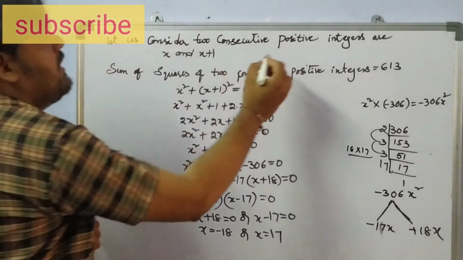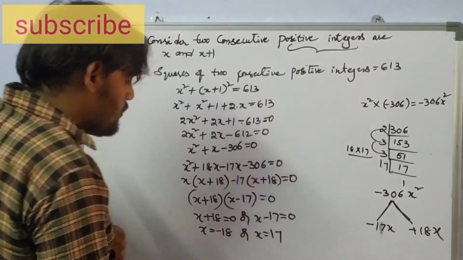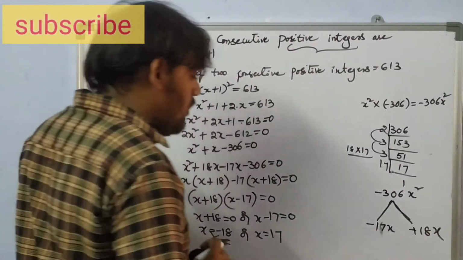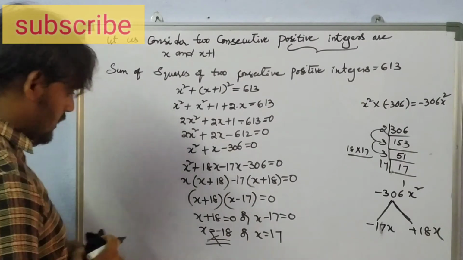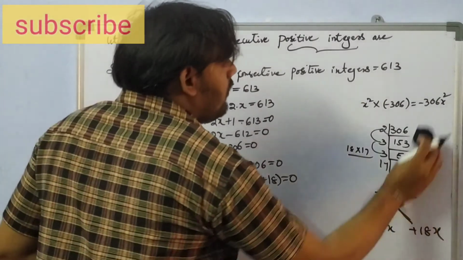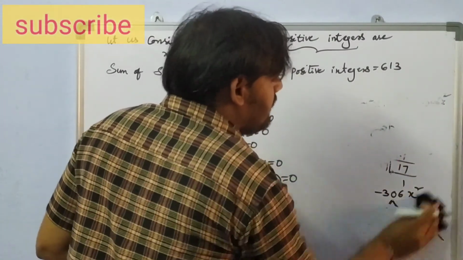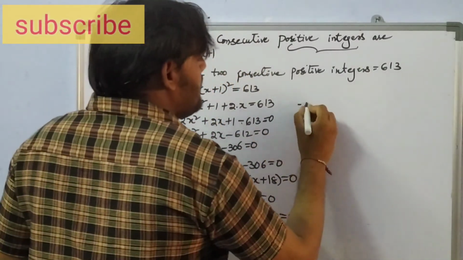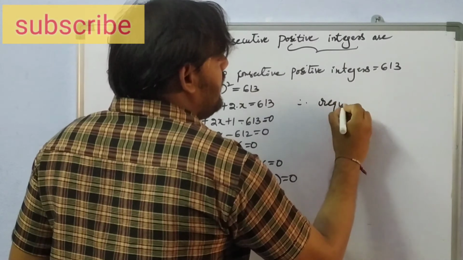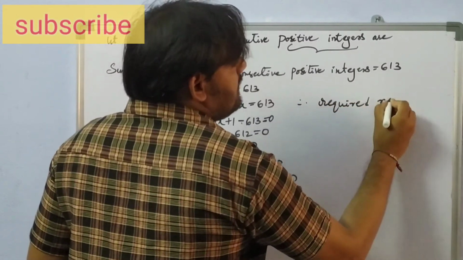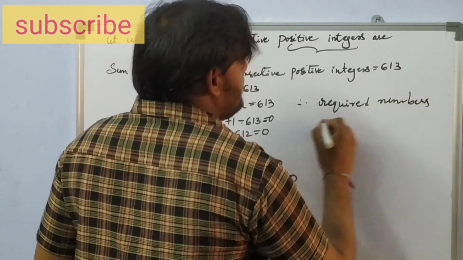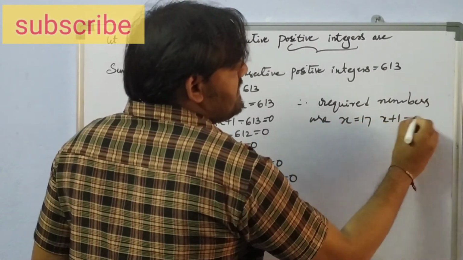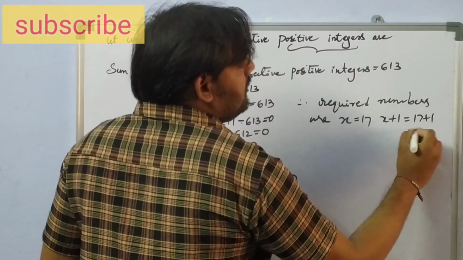In the problem they mentioned positive integers. So we should not take this one. Therefore the required numbers are x is equal to 17, and x plus 1 is equal to 17 plus 1, 18.